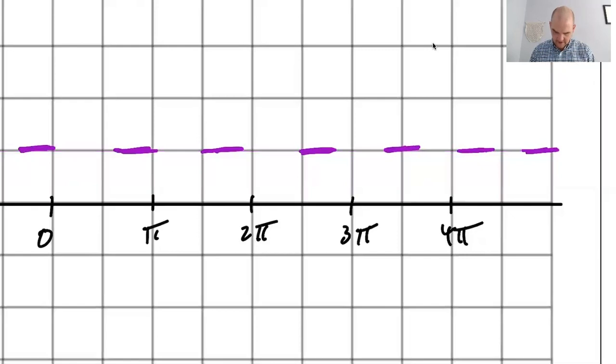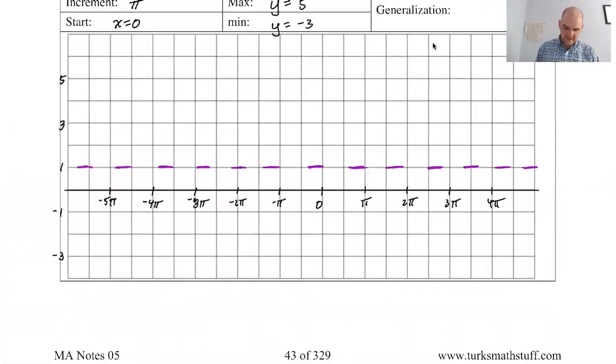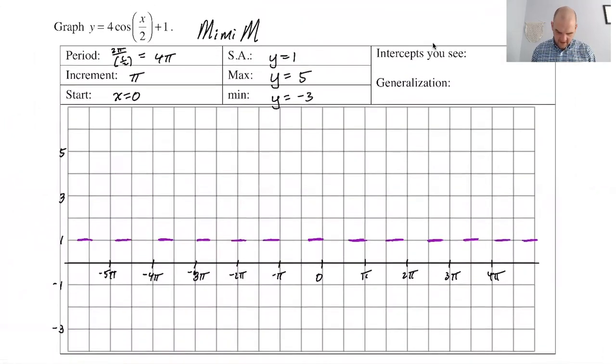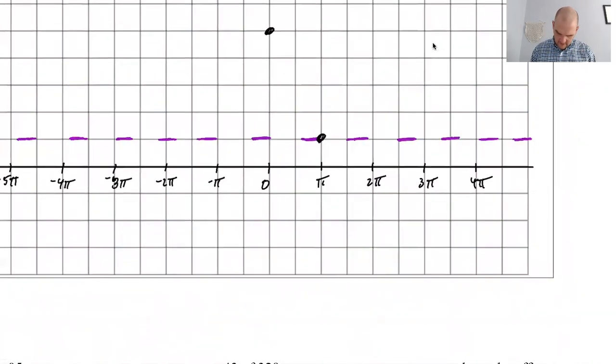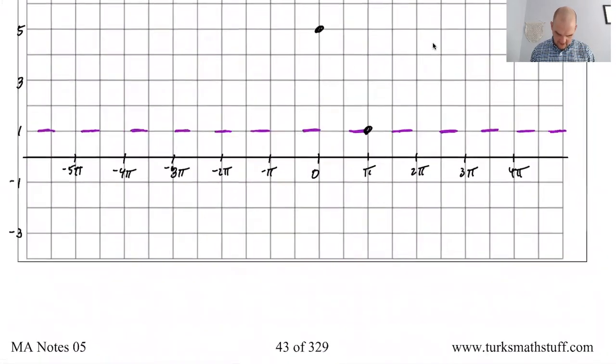So there we go. All right, so we're going to start at a maximum. So that's at 5. So up here at 5. Then we go over here. We go over how many boxes? Go down here. Then we're going to go up here, here. And then we can actually get to there.